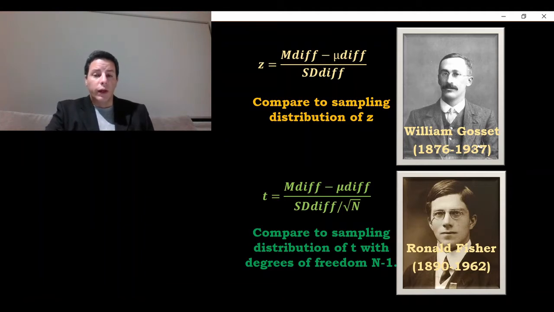Now, in 1935, Ronald Fisher, in his book The Design of Experiments, proposed the t-score, which is the same as the z-score, but with the addition of dividing by the square root of n, where n is the number of observations in a sample.